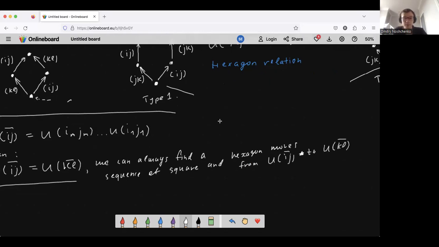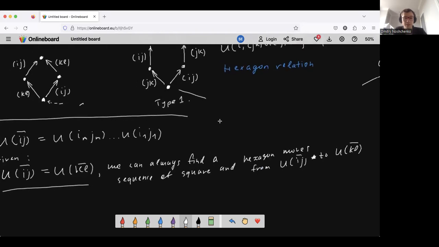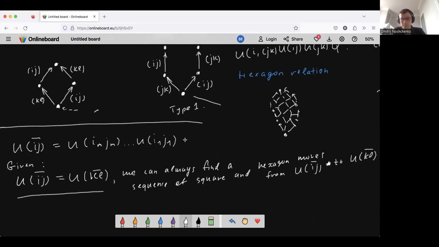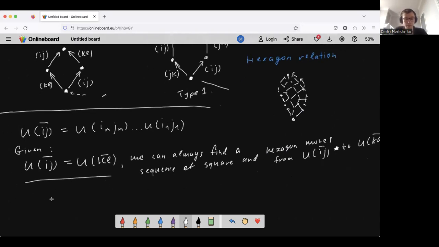So essentially it states that if you have some very complicated long diagram, and if this diagram closes up, so if you have a relation, then the interior of this diagram we can always tile by these simple tiles, which are always squares and hexagons, for any relation that we have. Yeah, so this is property one.